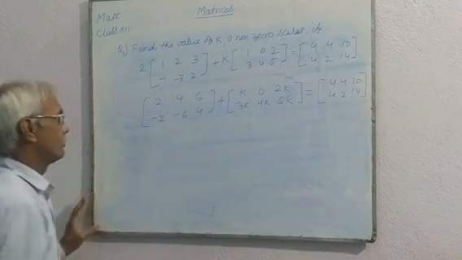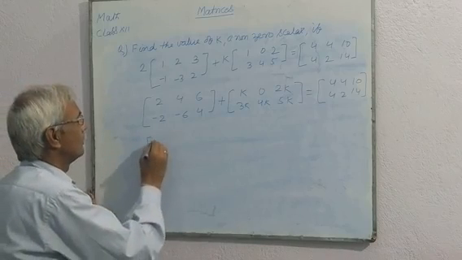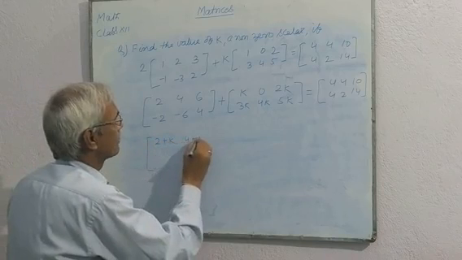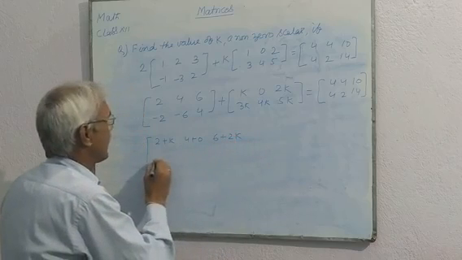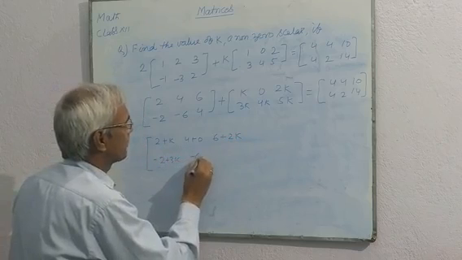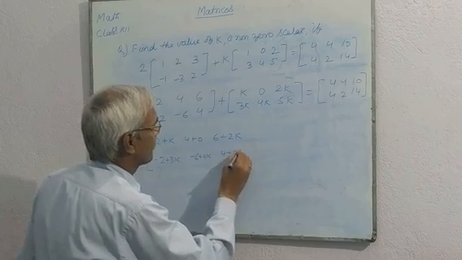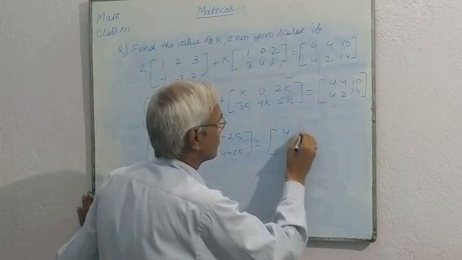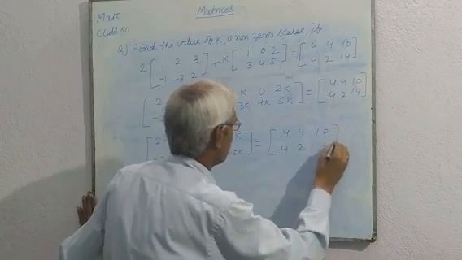Now adding the matrices, we get 2 plus k, 4 plus 0, 6 plus 2k, minus 2 plus 3k, minus 6 plus 4k, 4 plus 5k, equal to [4 4 10; 4 2 14].